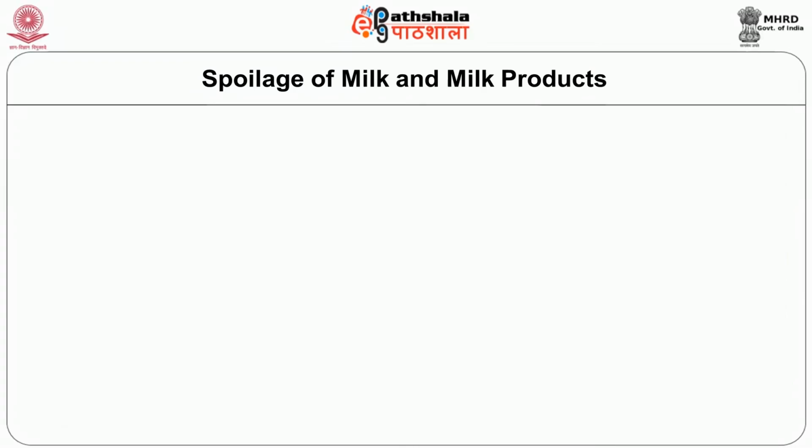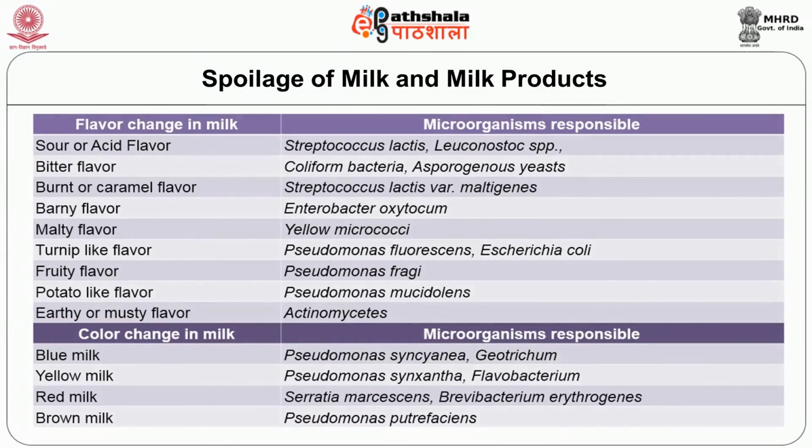Surface ropiness is caused by Alcaligenes and Micrococcus species, whereas ropiness throughout the milk is caused by Enterobacter aerogenes and Klebsiella species and E. coli. The microbial spoilage of milk creates off flavor to milk. From the given table, you can visualize the different flavor and color change in milk caused by different microorganisms.